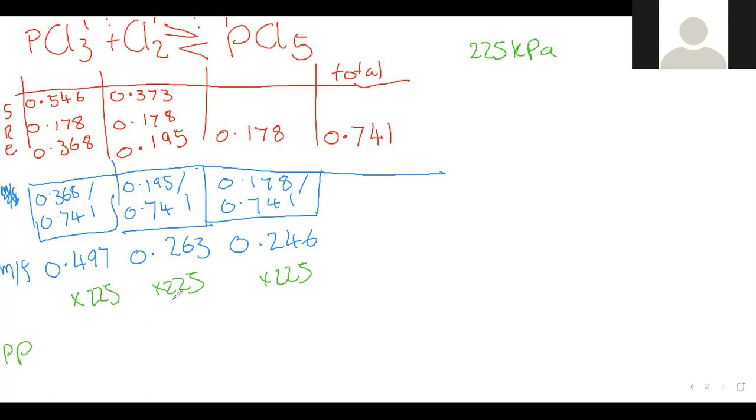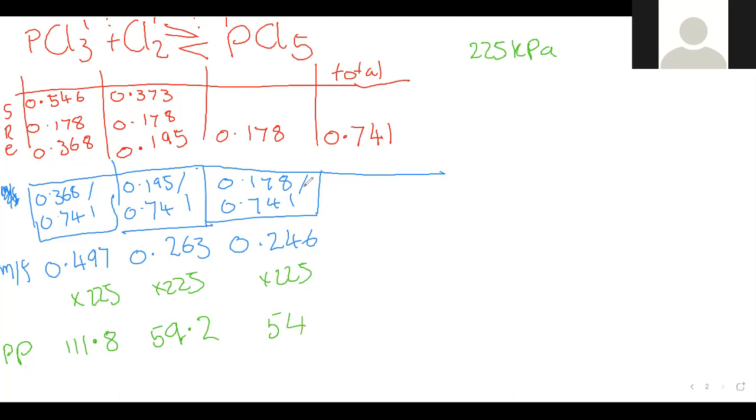So that would be 0.497 multiplied by 225 would give us 111.8. 0.263 multiplied by 225 would give us 59.2. And then finally 0.246 multiplied by 225 would give us 54.